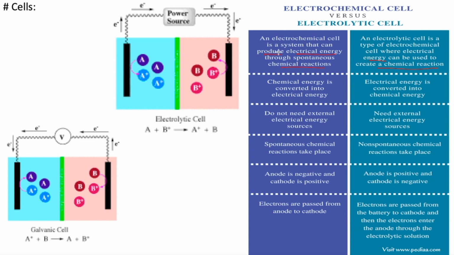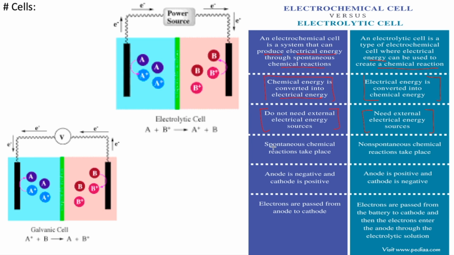In electrochemical cell, chemical reactions are producing electric energy, whereas in electrolytic cell, electric energy is helping a chemical reaction. Chemical energy is converted into electrical energy over here, whereas here electrical energy is converted into chemical energy. It does not need any electrical energy source, whereas the electrolytic cell needs an electrical energy source from the external.